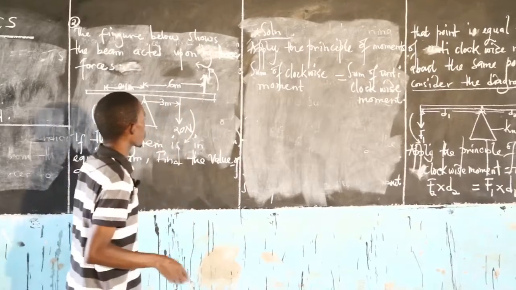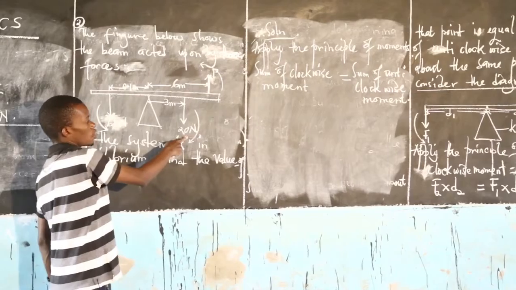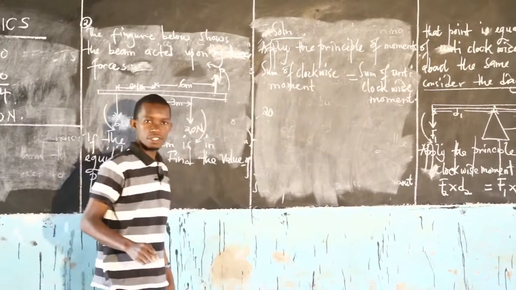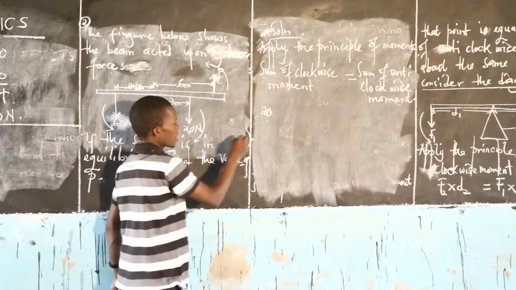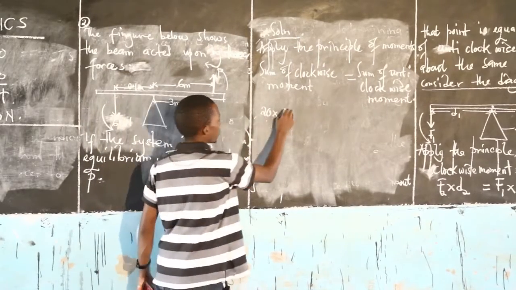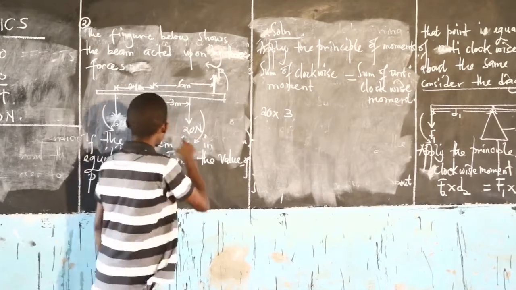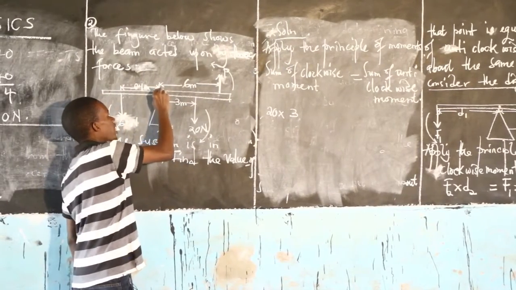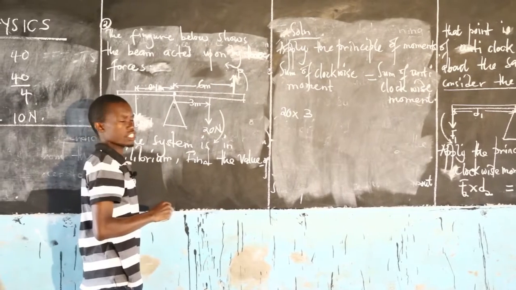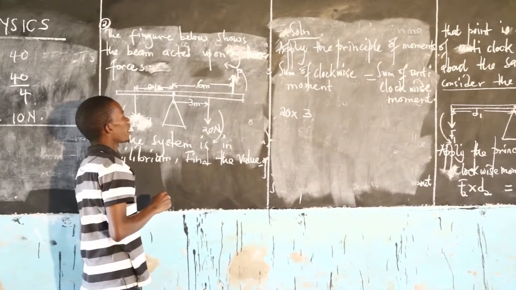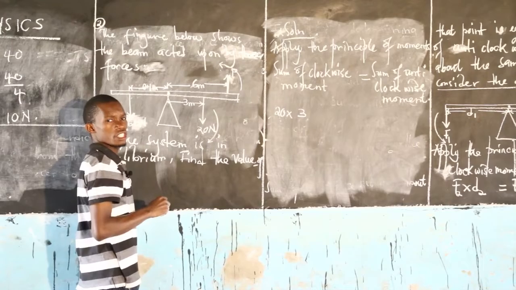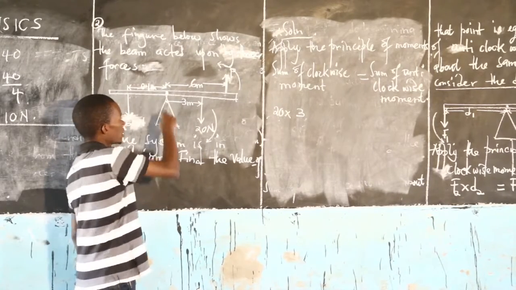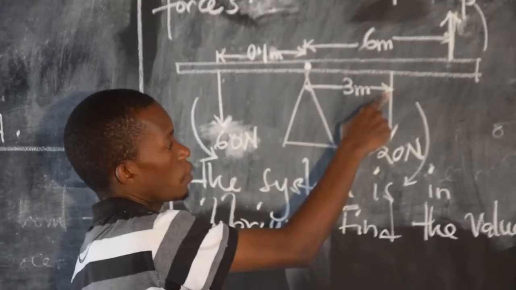When you come on clockwise, we say that this one is clockwise. We have 20, which is the force, times the distance, which is what? 3. The distance from the turning point, this is our turning point, or from the pivot, or from the fulcrum. This one, the distance from here up to there.